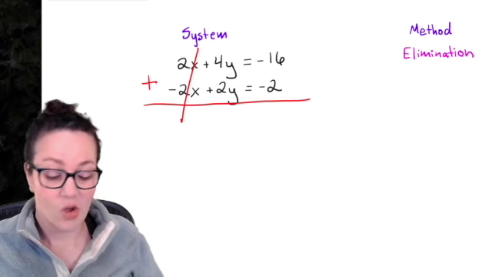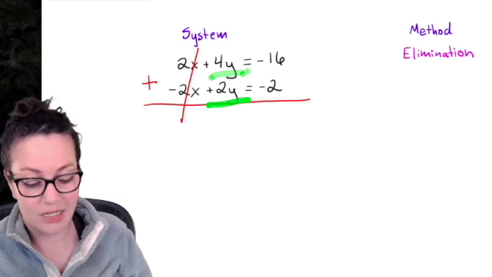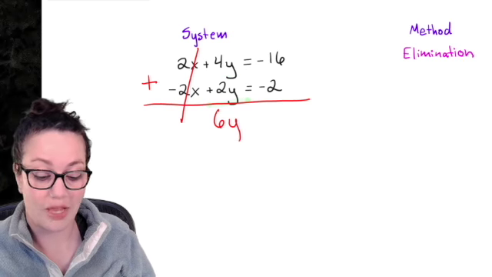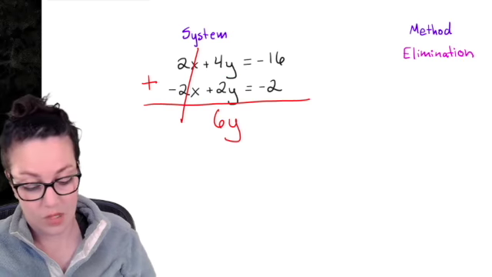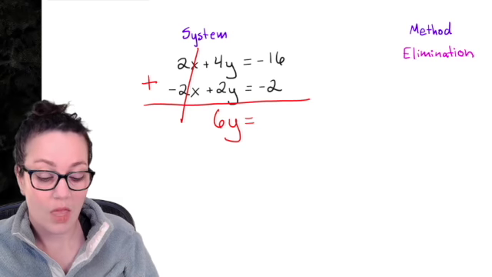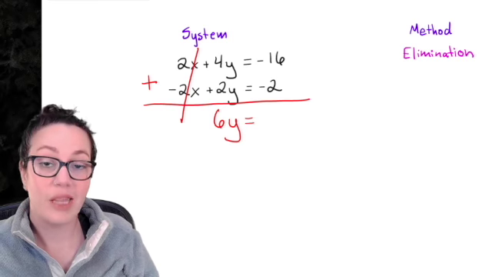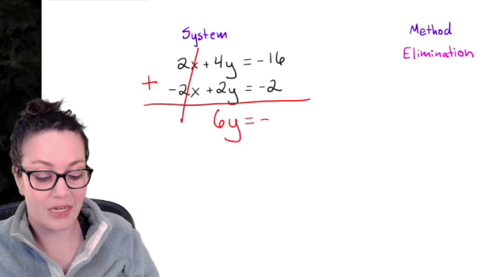Then we have 4y plus 2y, so we end up with 6y total. The equal sign stays in the same place. And then we add our constants. So negative 16 plus negative 2 is negative 18.